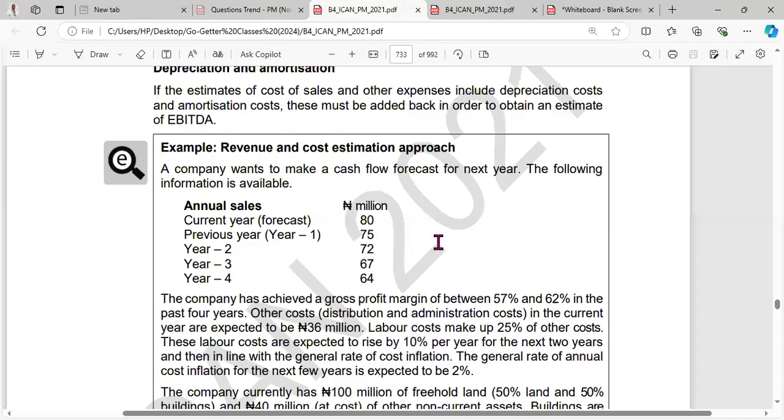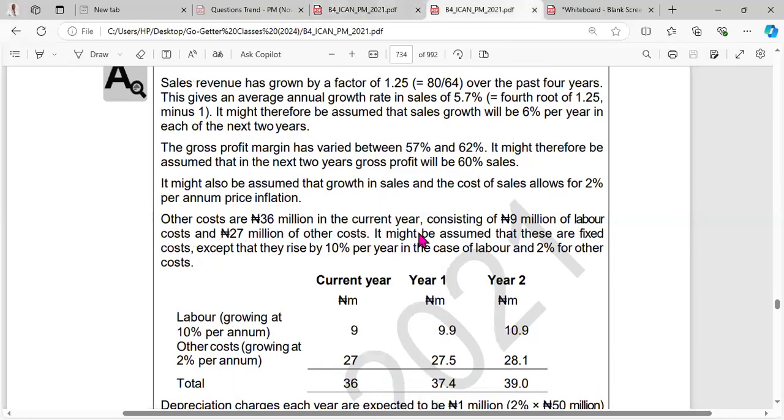So it means that this 27 million of the other costs might be assumed to be fixed costs, right? So if they are fixed costs, they may be fixed, except they rise by 10% in the case of labor costs and 2% for other costs.